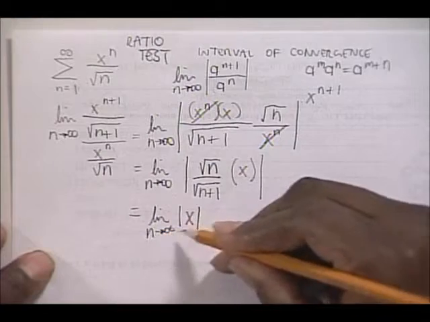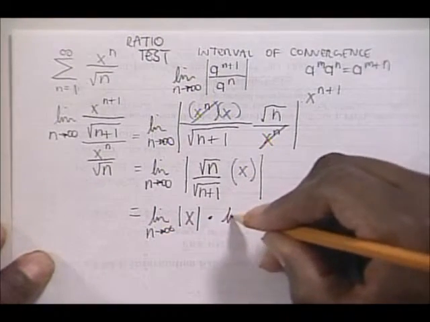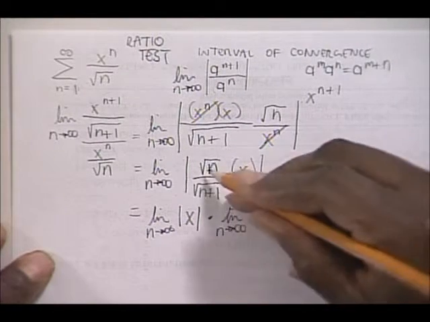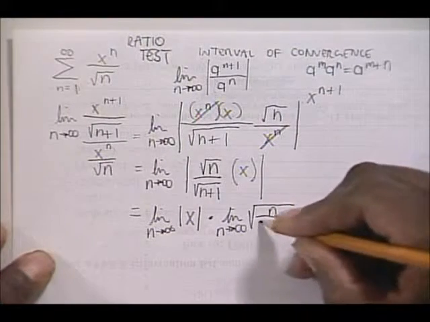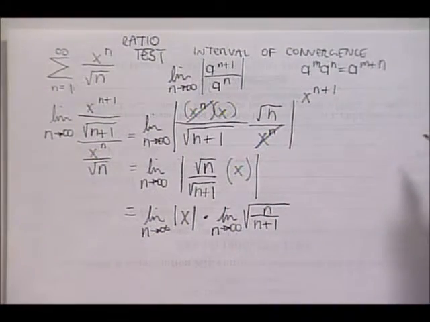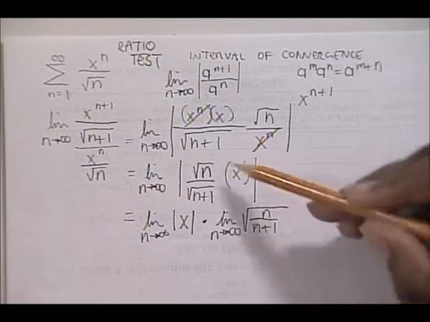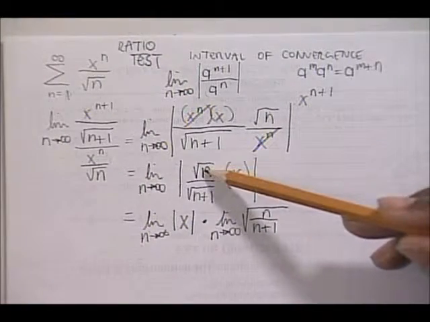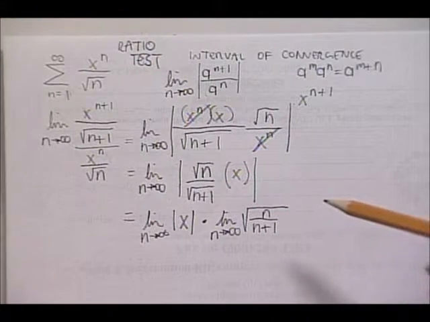So you have the limit as n goes to infinity of just the absolute value of x, times the limit as n goes to infinity of radical n over n plus 1. I'm hoping that you see what I did. I sort of did two things in one. I broke up this limit into a product of two limits, and at the same time, I used an exponential property where you have a radical on the top and the bottom. You can turn that into the radical of one big fraction.